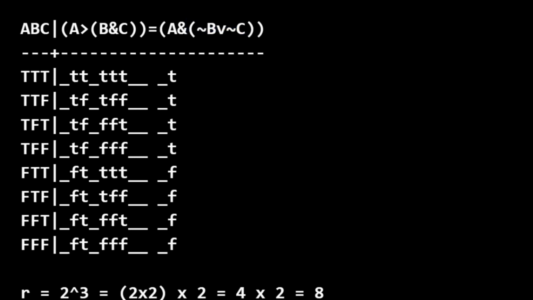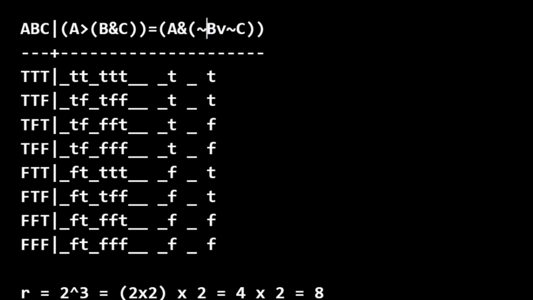Okay, then we get underscores all the way down. Negation, we can't evaluate that until we know what the value of B is. So we're going to put spaces here. And now we can evaluate B using the values from the interpretations.